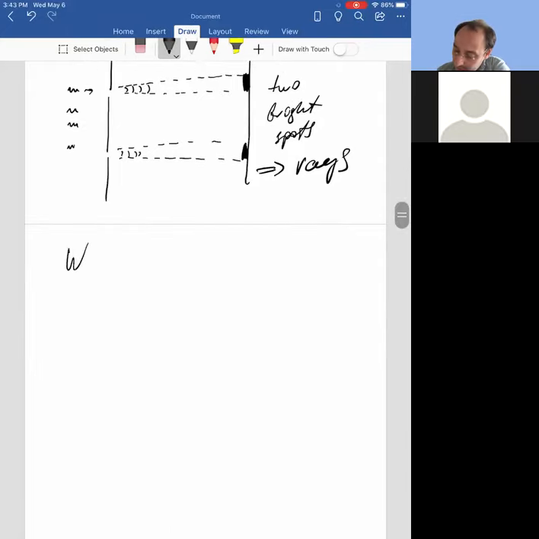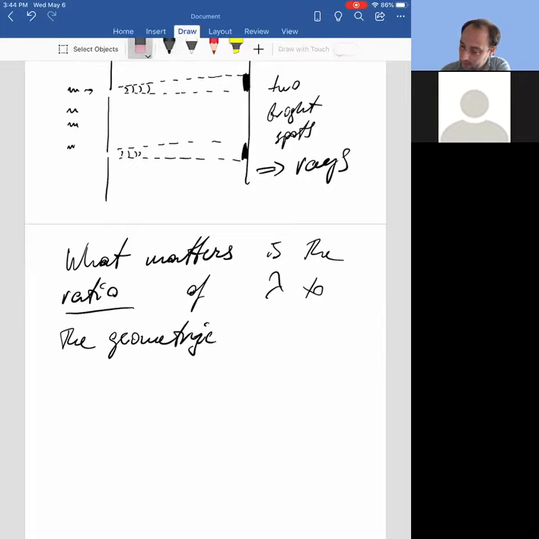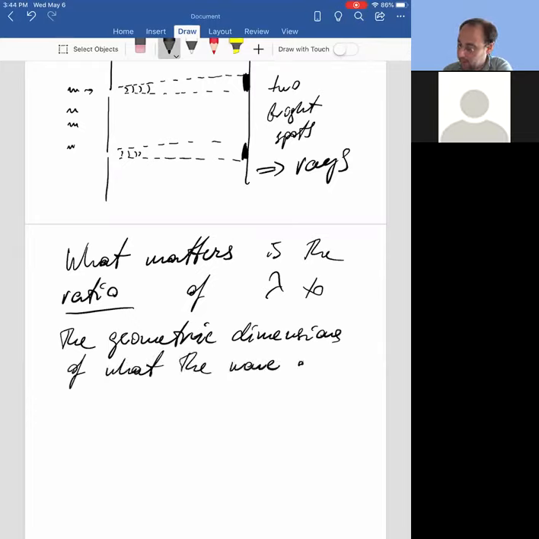So what matters is the ratio of wavelength to the geometric dimensions of what the wave goes through.